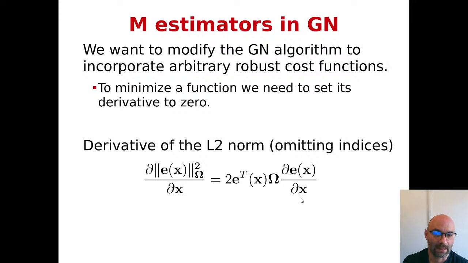This is the classical application of the chain rule. The derivative of f squared is 2f times f prime. This is 2f, there's an omega in between, times f prime. This is the derivative of the L2 norm. Remember it.